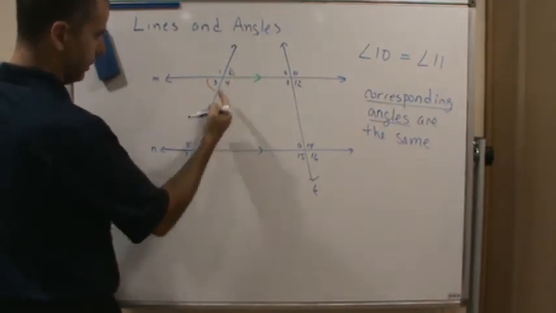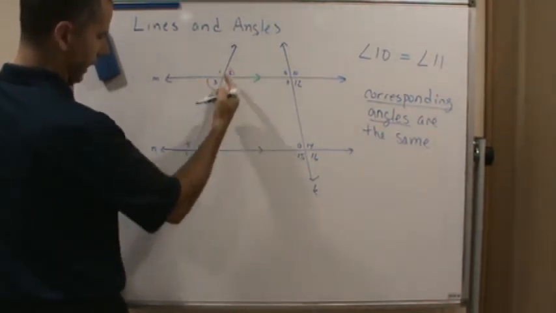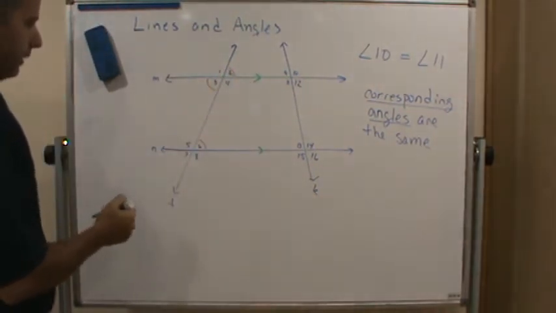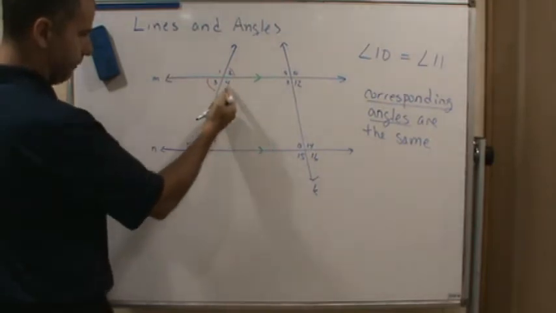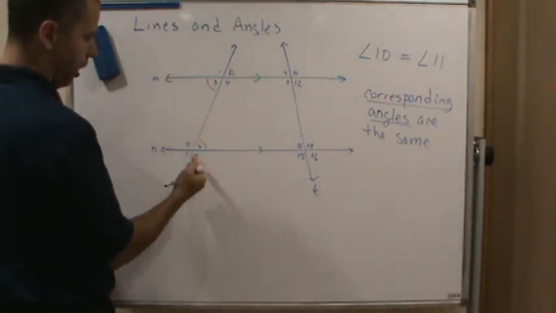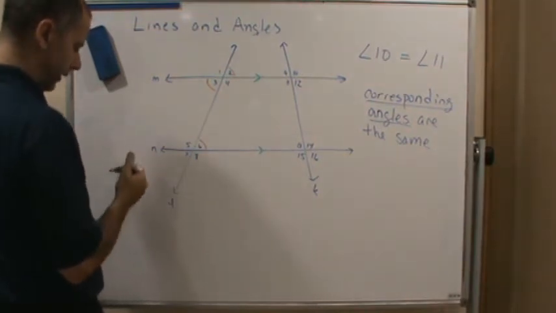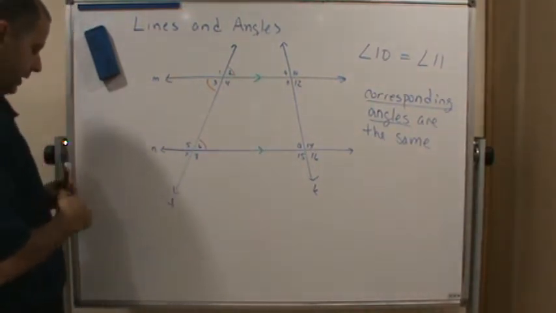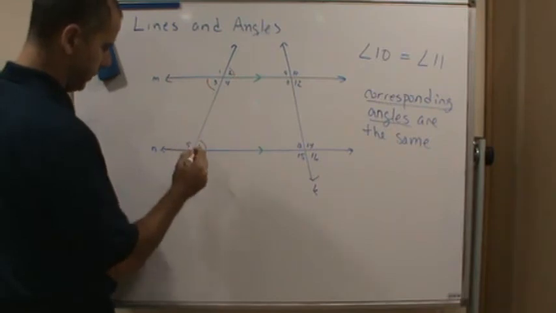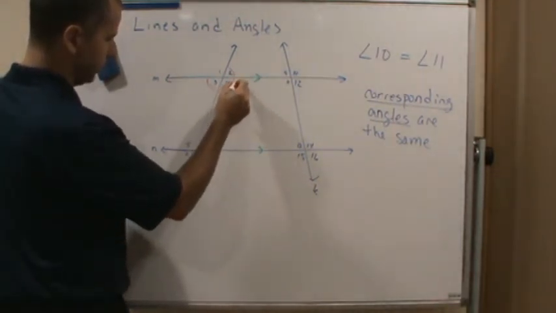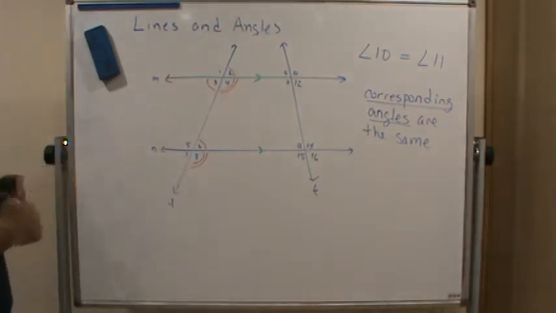So this angle and this angle are the same. Those are corresponding angles. Likewise, angle 8 and 4 are also corresponding angles. And sure enough, those corresponding angles are the same.